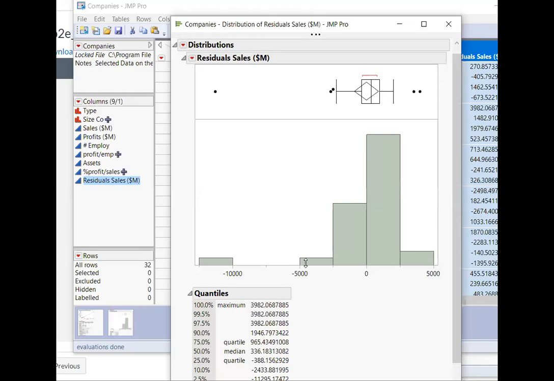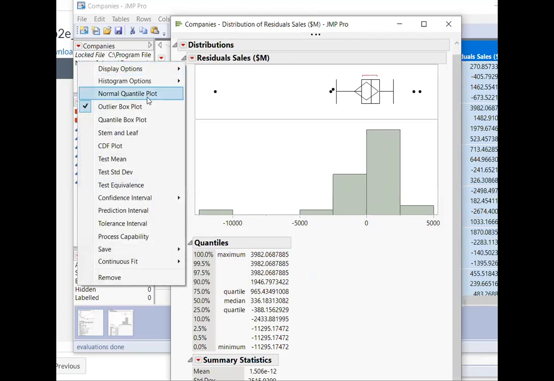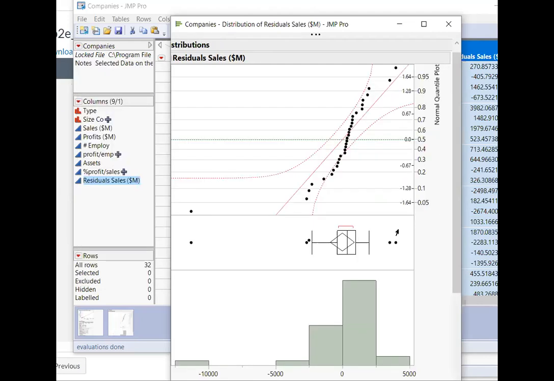One other method you learned was the Quantile Plot, right? That's also in your book. So click on the red triangle, normal quantile plot is right there. So you want to check the quantile plot. That's a quantile plot.